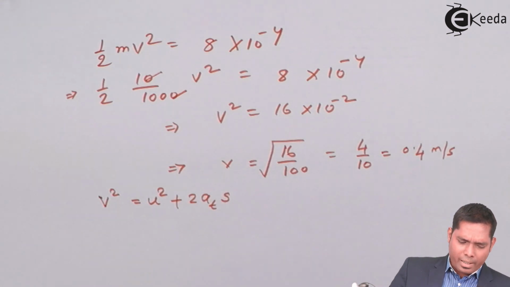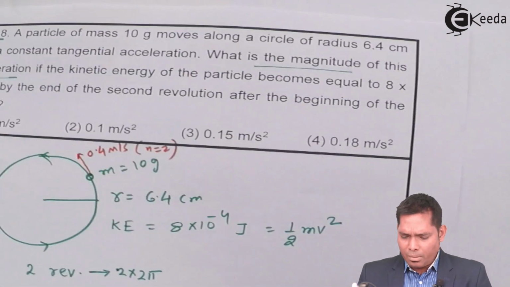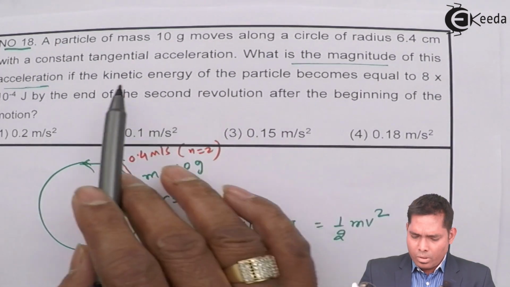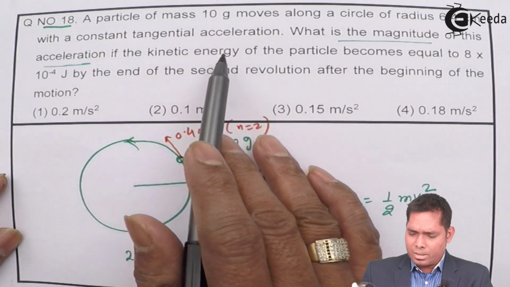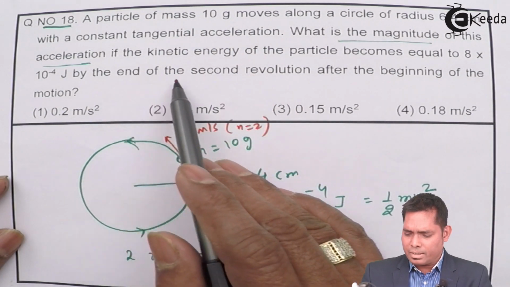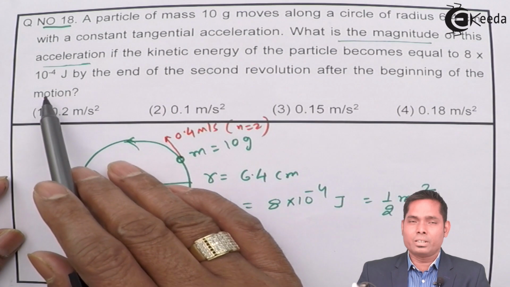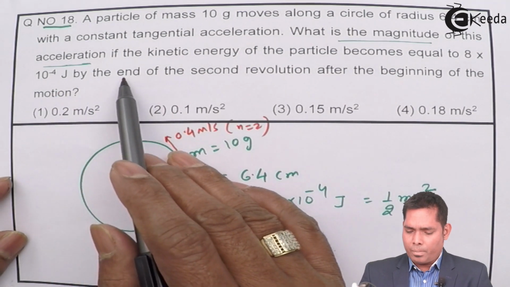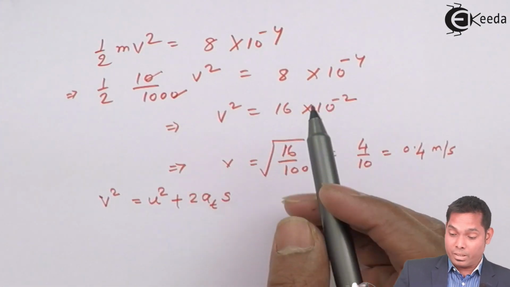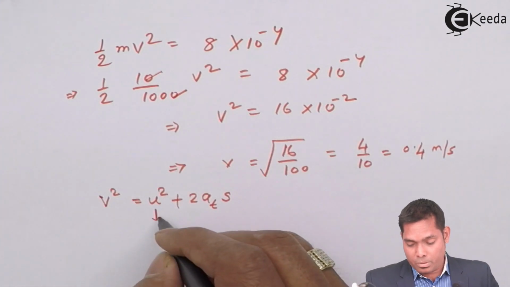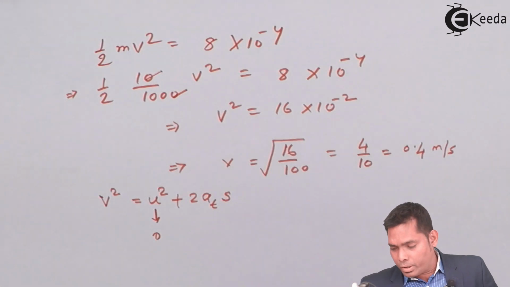We must note that this is starting from rest. The particle starts in motion from rest because nothing is said about the initial condition. By the end of revolutions after the beginning of motion, that means this u must be 0.